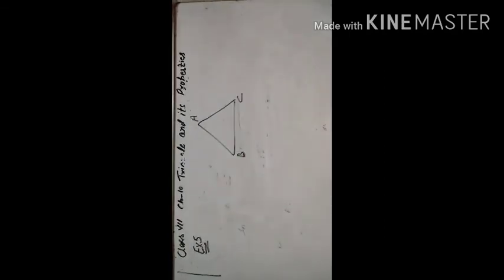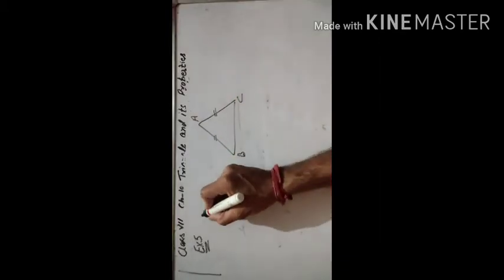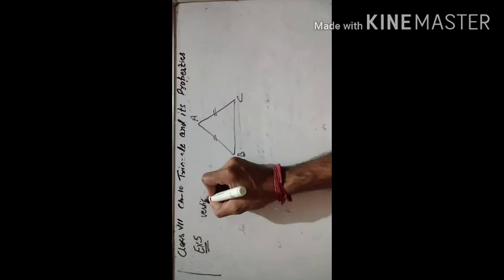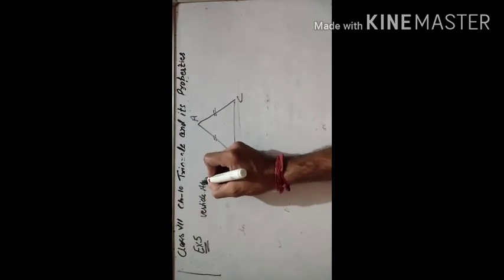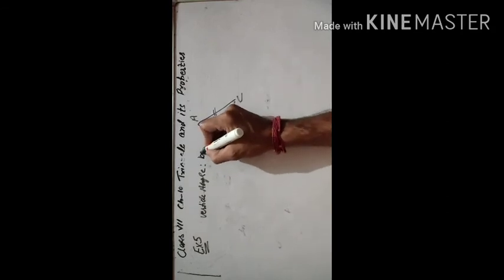The ratio between the vertical angle and a base angle of an isosceles triangle is 4:3. Suppose this is a triangle ABC, these two sides are equal.